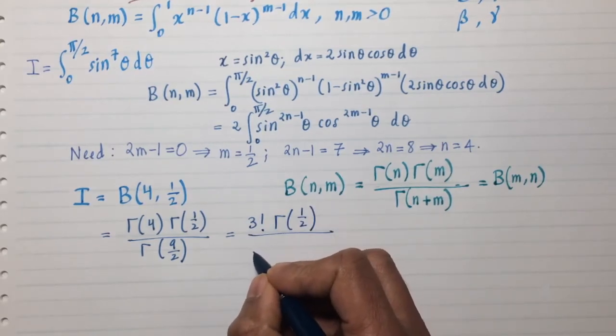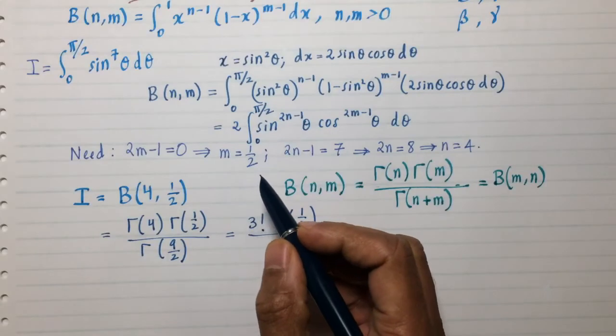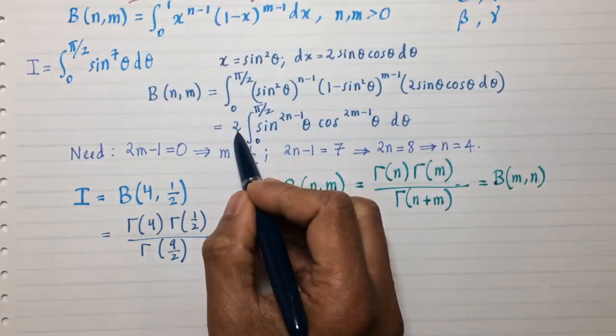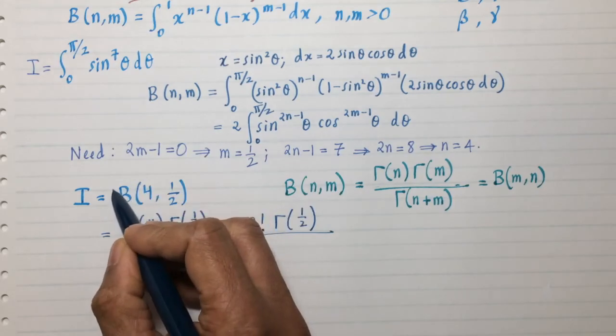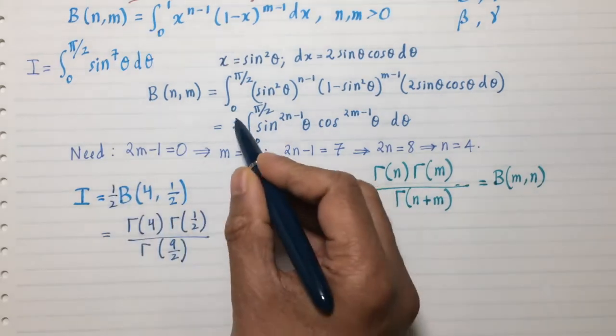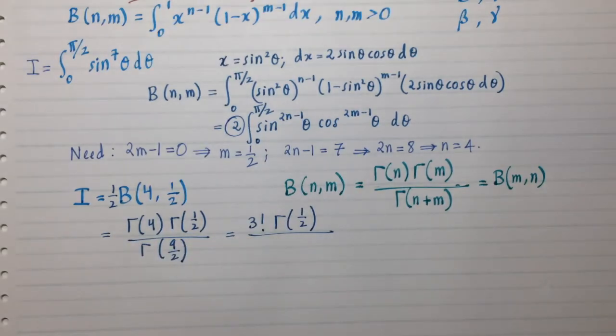And this here downstairs, I'm going to get, oh, by the way, I think I made a slight error. All that is going to be 2 times, so I need a 1/2 here because of the factor of 2 here. I need a 1/2 to pull this off.